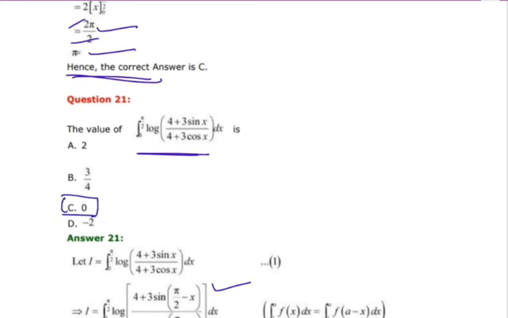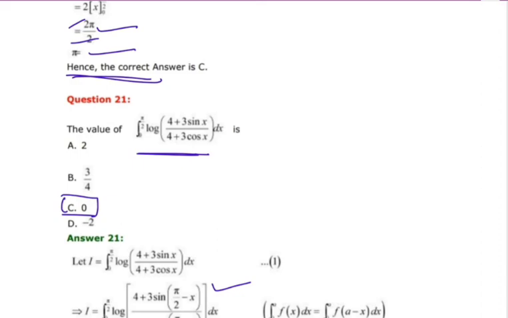So with this we will conclude our integral chapter, that is exercise 7.11. If you have any doubts in this exercise, then you may ask in the doubt session. So next class we'll proceed with our next chapter, that is application of integrals.